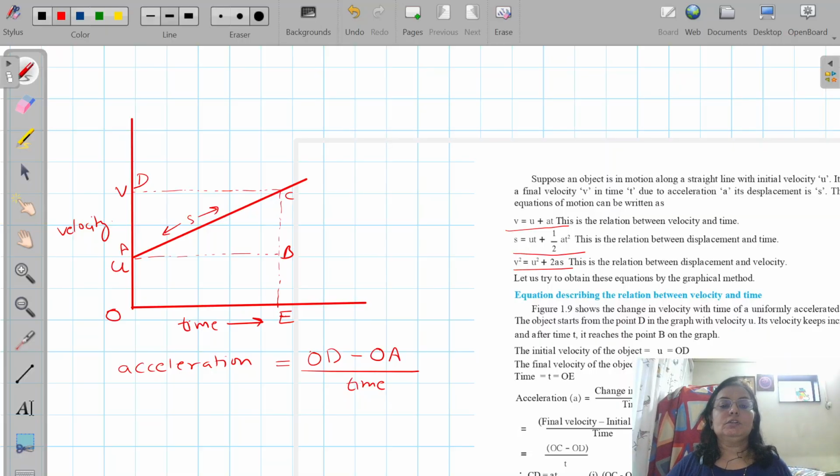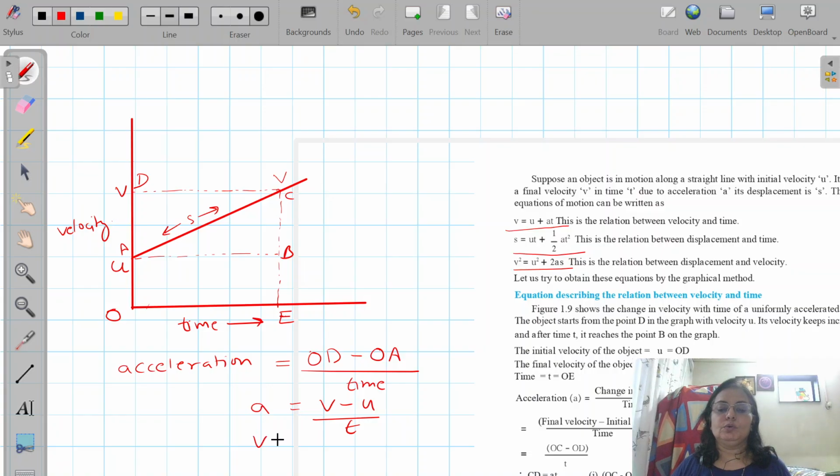Why? Because you see velocity here is v. So if we draw a parallel line to the x-axis, we reach here at D. So velocity is OD and this is u. So this is v minus u upon t.